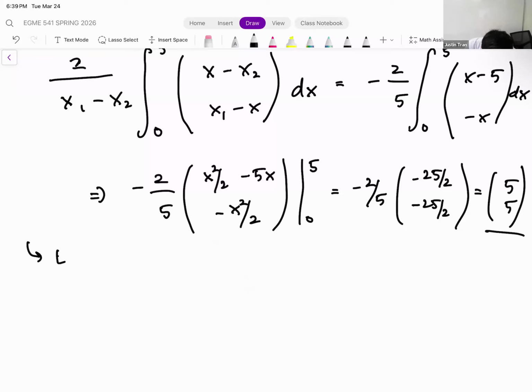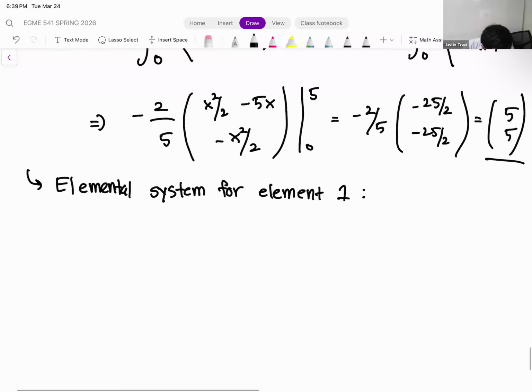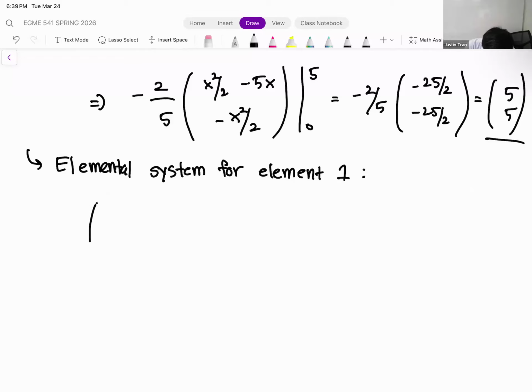And so our elemental system for element 1, okay, is the following. So first we have our element stiffness matrix, which is 1020.83 minus 1020.83 minus 1020.83, 1020.83, okay?